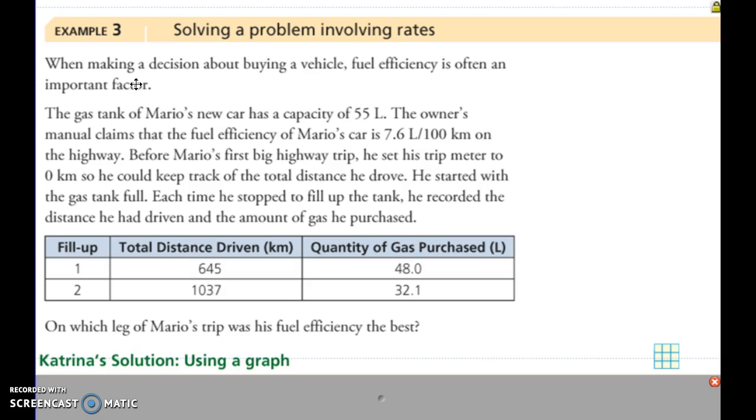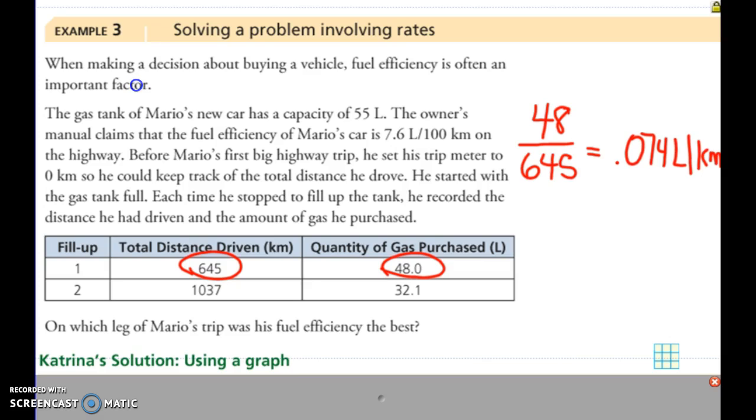On fill up 1, he traveled 645 kilometers and used 48 liters of gas. If we take 48 and divide it by the 645 kilometers he traveled, that means he got 0.074 liters per kilometer.